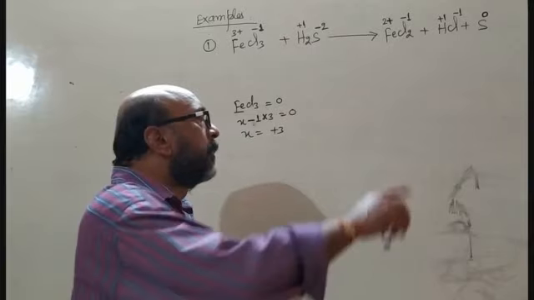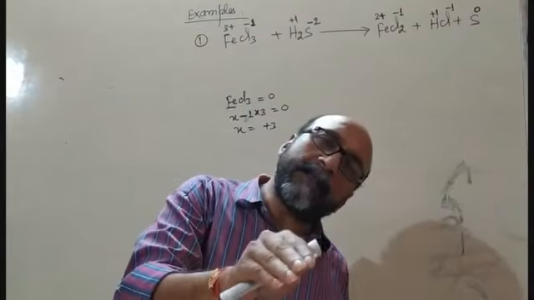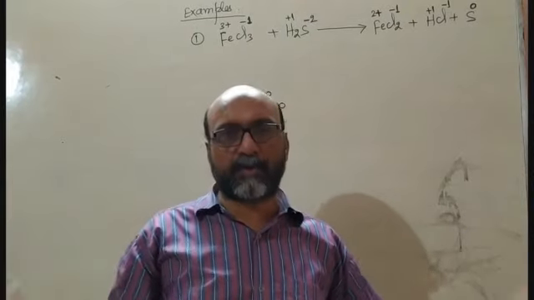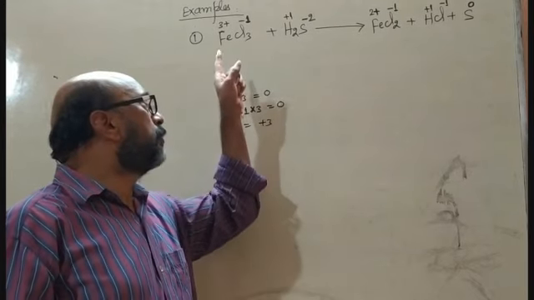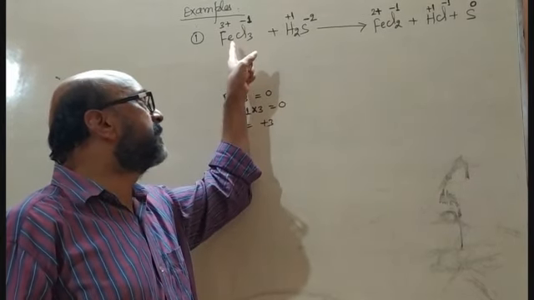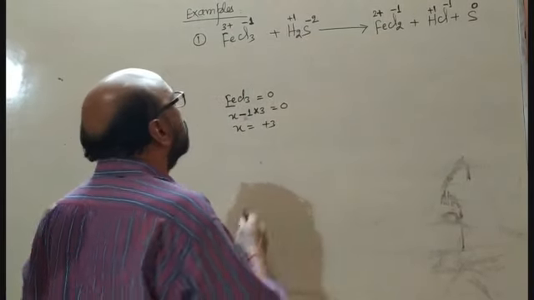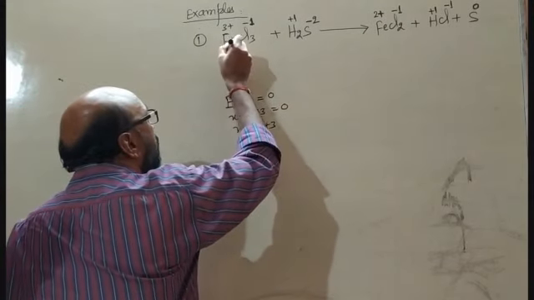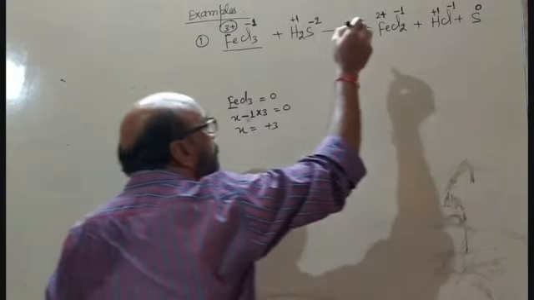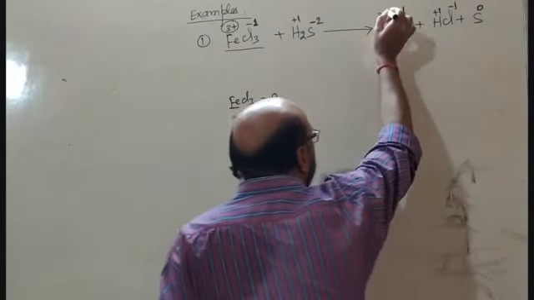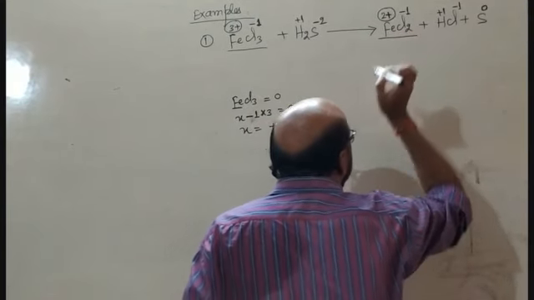0. After deciding the oxidation state of each element in both sides of the reaction, you should look into the change in oxidation state. So see, in ferric chloride, the oxidation state of iron is +3 in the reactant side, and in the product side it is +2.